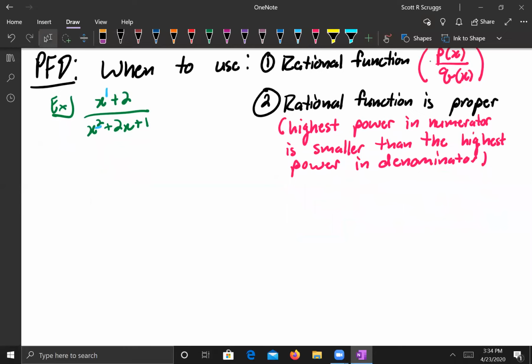So now we tackle how we do PFD. There are 4 cases of PFD, and it's going to be based off how I factor my denominator.